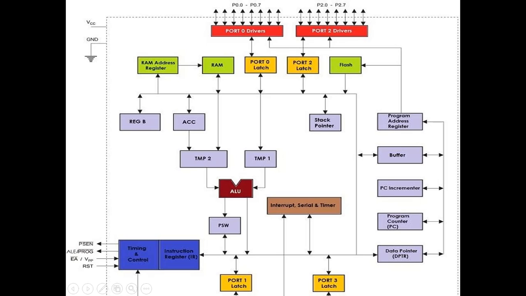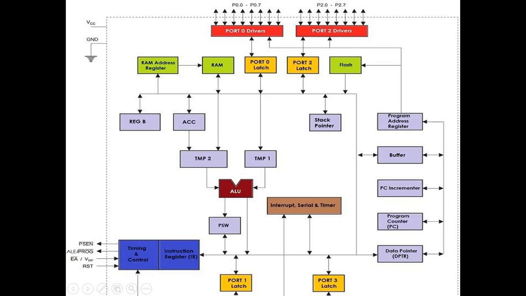As you can see, port 0, port 2, port 1, port 3. The ports are arranged with even ports on one side and odd ports on the other side. You can understand this from the pin diagram of the 8051 microcontroller, where each and every port along with the pin functionality will be explained later. So the 4 ports are aligned here: port 1, port 3, port 0, port 2.